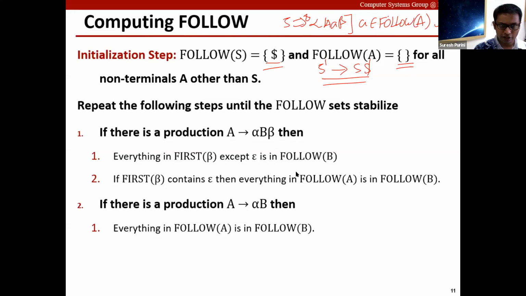So there are 3 rules which we would like to follow while computing the follow sets. Let's look at the first rule. If there is a production A goes to alpha B, then everything in follow of A is in follow of B. Why is this?